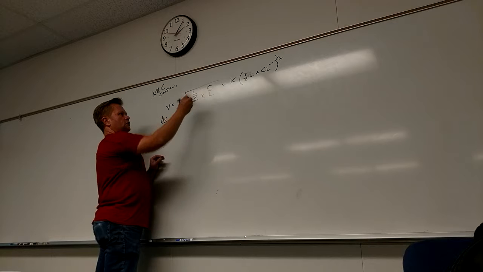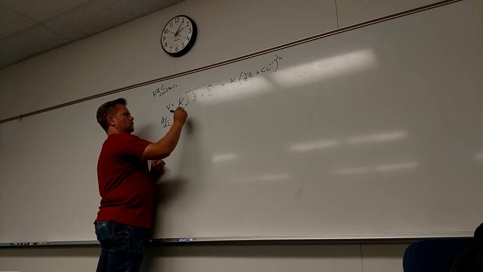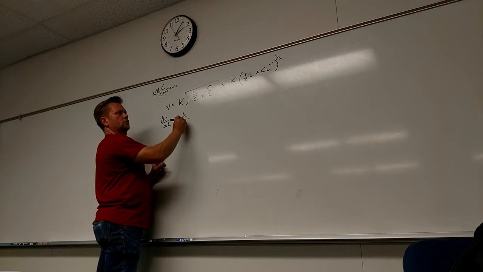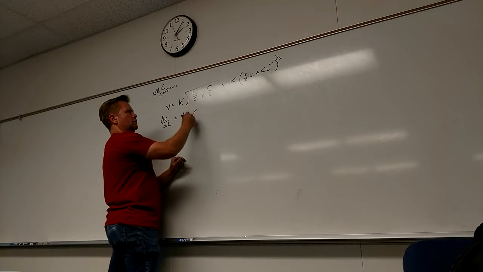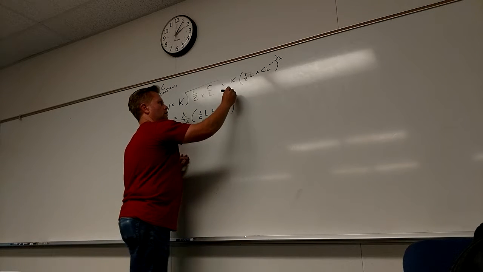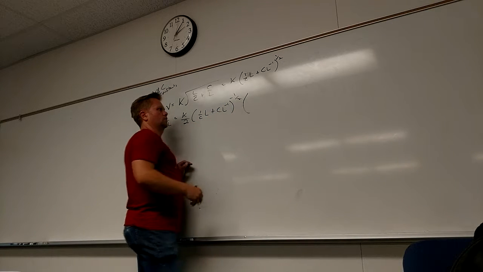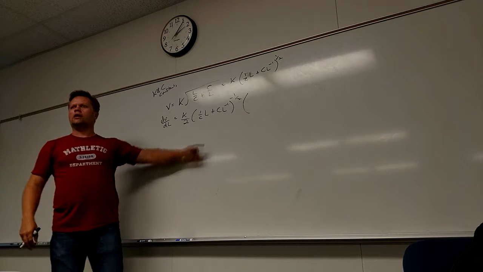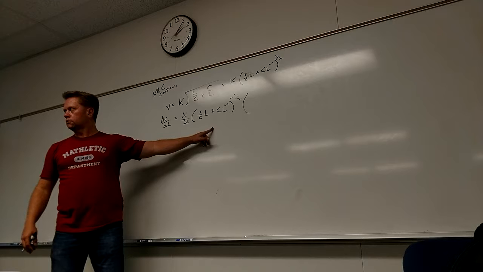What's dv dl going to be? It's going to be k over 2. The 1/2 comes down. This whole thing is now to the negative 1/2, and now the inside gets a turn.